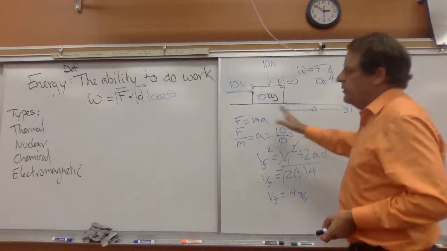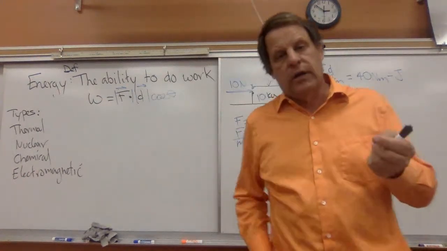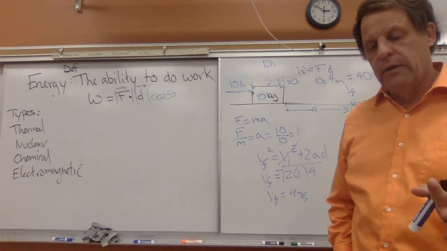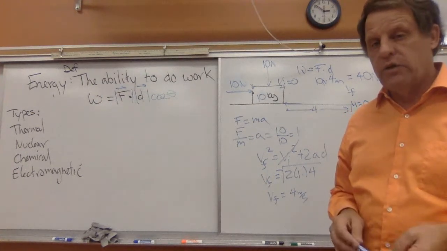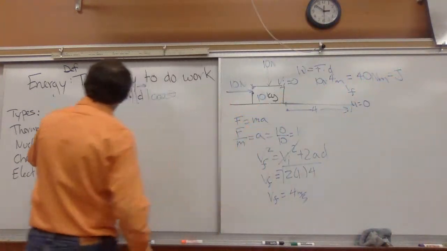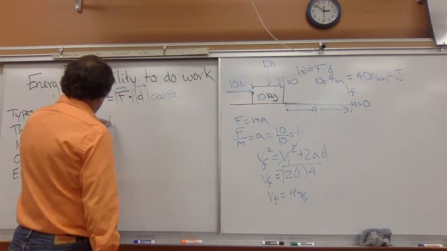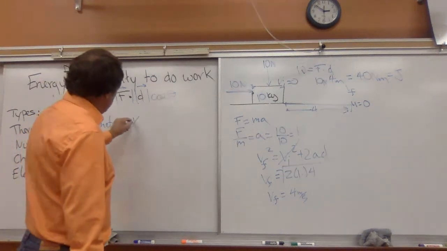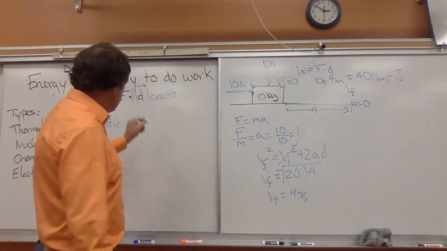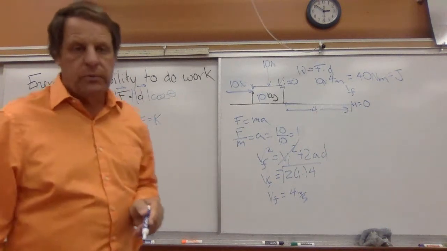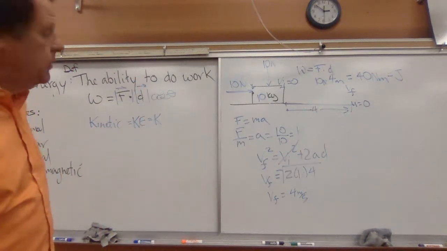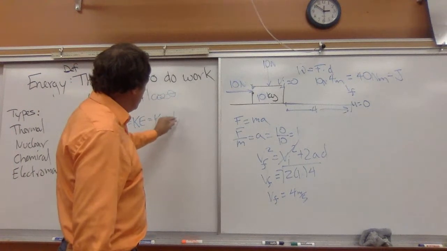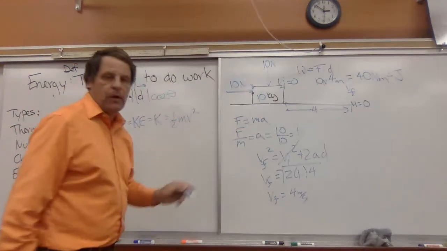All right, so what I would like to back up here, and we're going to talk about a couple different types of energy, which you are probably familiar with, but maybe not from an equation point of view. Okay, we're going to have kinetic energy, and that is going to be either KE, or in your textbook, it's going to have an abbreviation of just K. And the definition of kinetic energy is 1/2 mv squared.